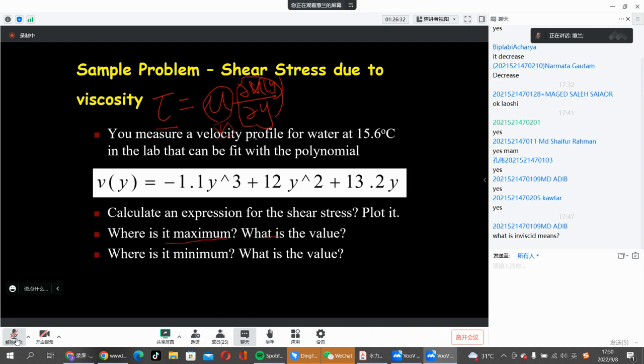So we can find its maximum, right? If you want to find the maximum, you will need the first derivative of the velocity, and we find where the second derivative is equal to 0, right? It will reach its maximum or minimum.